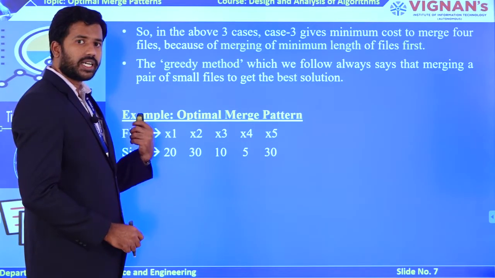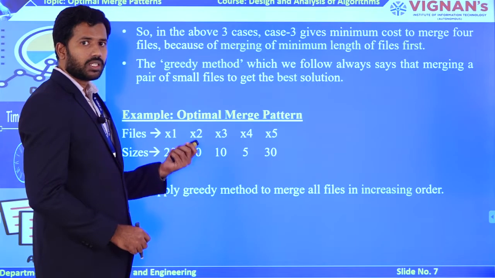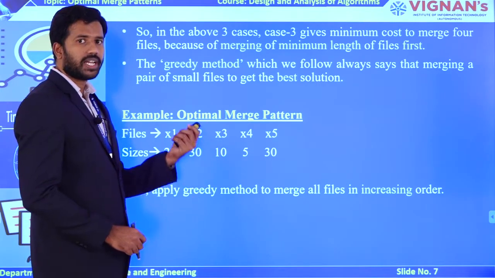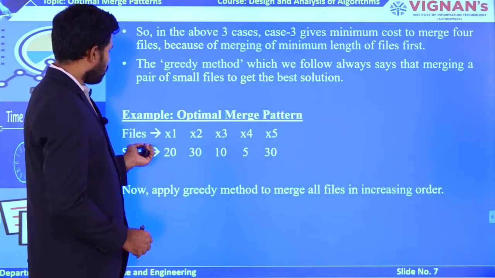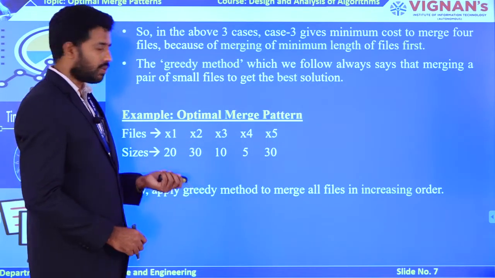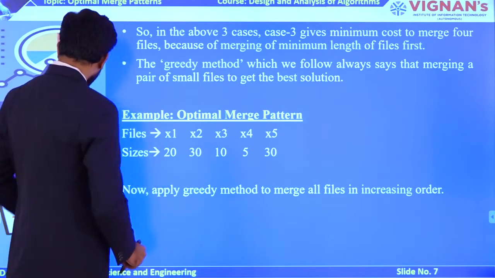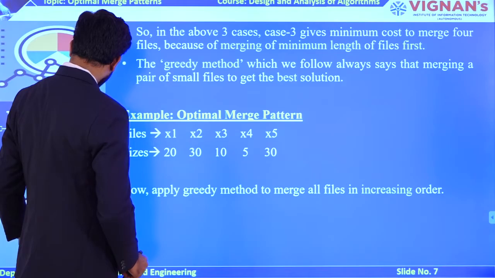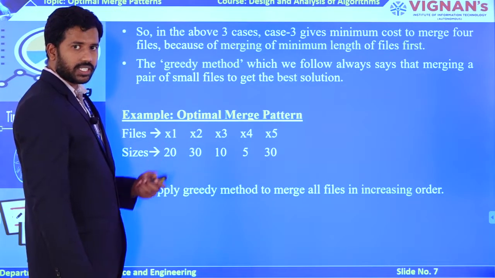Okay? So what is the greedy approach telling? Before merging the files, you try to apply the two-way merging concept with the help of increasing order only. So try to convert this given file order, along with the sizes, into increasing order. With respect to sizes only I am shuffling. Okay. So among these 5 files, what are the files which have the least sizes?